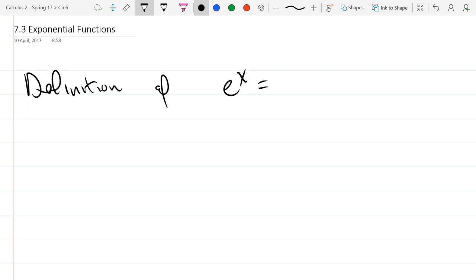So, definition of the e to the x function. Do you remember anything about e to the x and how it relates to natural log? What was the most important? Almost. So let's try to rewrite.